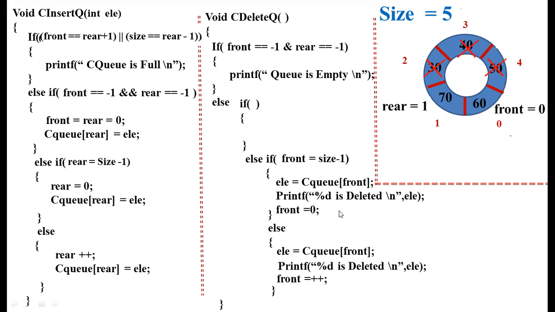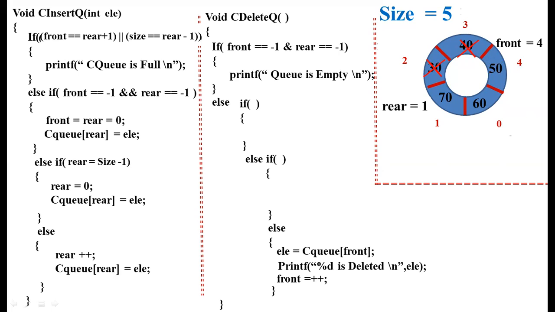Okay, and we need to make the front value to 0. So here, the front is 4. When the front value is equal to size minus 1, I am collecting this 50 into the element. Then I am printing that 50 is deleted and I am making the front value to 0. So this is the logic we have to apply in this particular case. Understood?